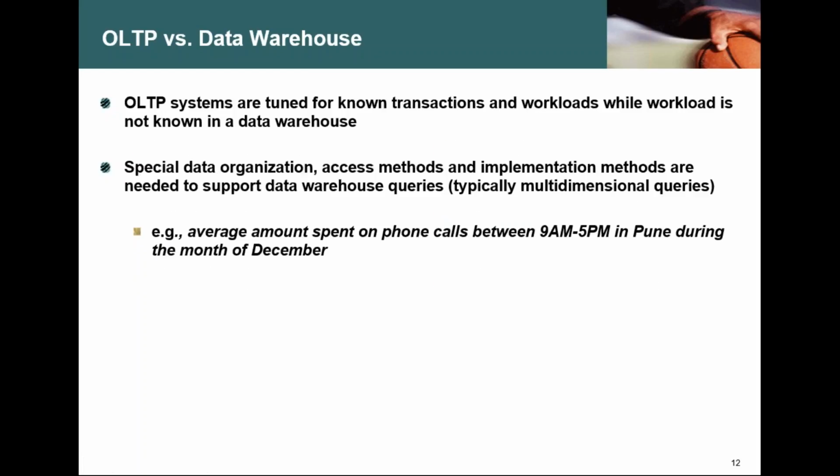He mentioned an example, right? The average amount spent on phone calls between 9 a.m. and 5 p.m. in Pune during the month of December. This is an example of a data warehouse query. He's not expecting who called whom, but he's expecting the average amount. Does that make sense? Yes.